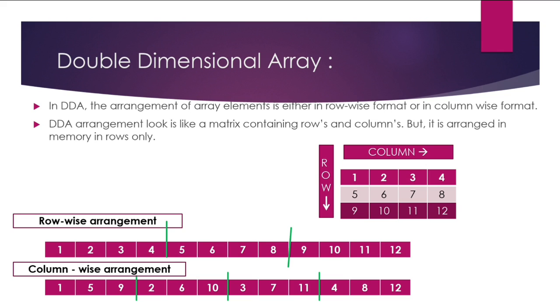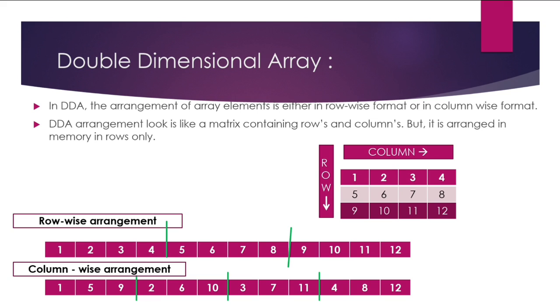Then the second column is stored as 2, 6, 10, in one line only. Then we have 3, 7, 11 in the matrix, and 3, 7, 11 is stored in a row. Then we have 4, 8, 12, stored in a row as well.